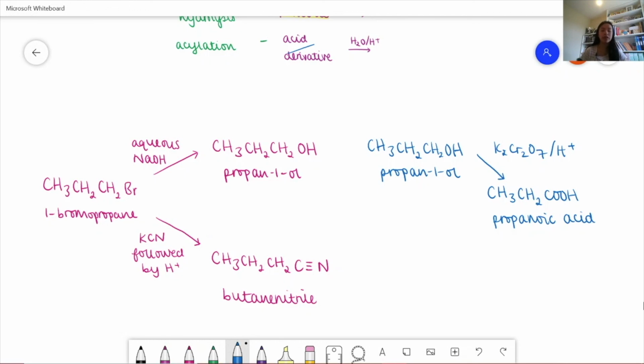So that would also be reflux. And the other way was using the primary nitrile. So we would have propanenitrile, so CH3, CH2, and then C triple bond N. And we could form this by a hydrolysis reaction, so adding water and a H+ catalyst. So this is our propanenitrile.